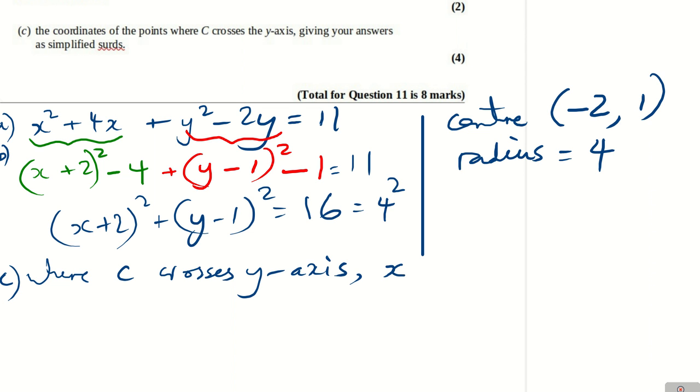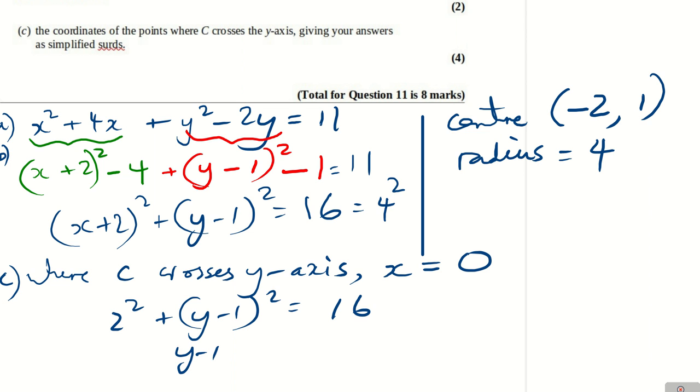We know that the x value must be equal to 0. So if we just put x equals 0 into our equation, we get 2 squared plus y minus 1 squared must equal 16. Or in other words, y minus 1 squared must equal 16 minus 4, which is 12.